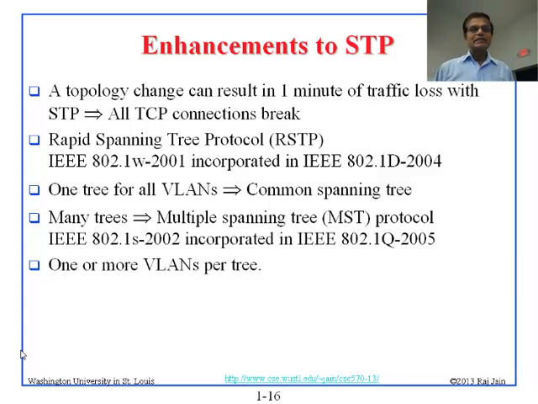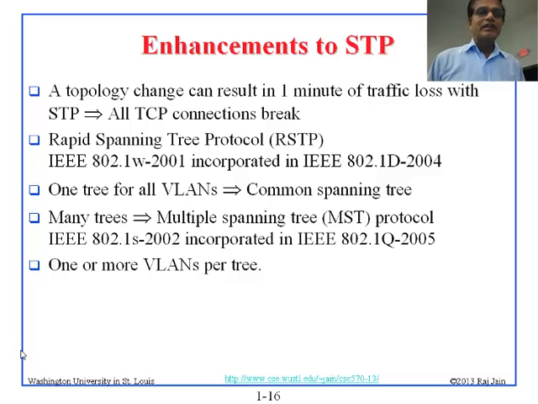Alright, next, enhancements to STP. The problem with STP is it takes a minute, and 1 minute is too much. First of all, in 1 minute, all the TCP connections will break, because they may time out. TCP connections have a timeout and they will not hear the traffic for some time and they will break, which is not good.